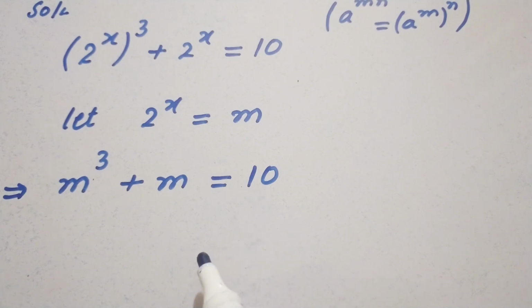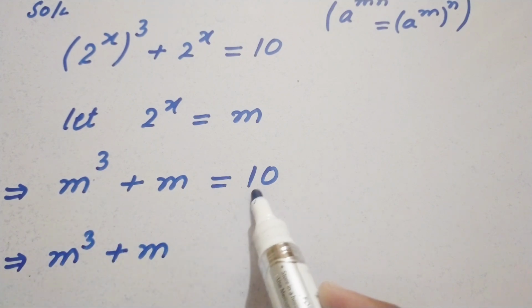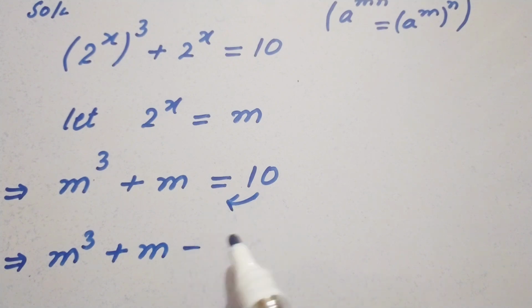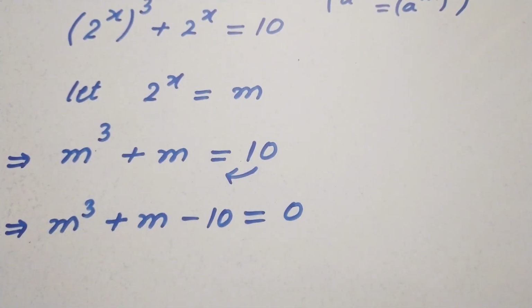Here at the right side 10 is positive. When we move it to the left hand side it will be negative, so at right hand side there is 0. m cube plus m minus 10 is equal to 0.